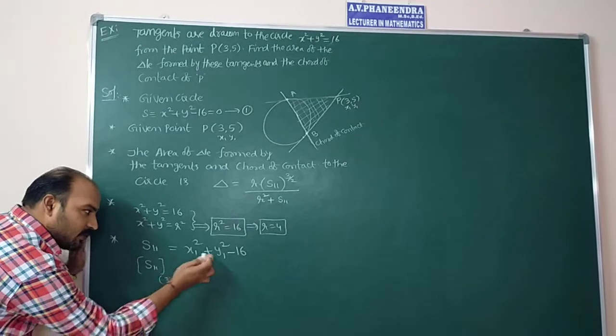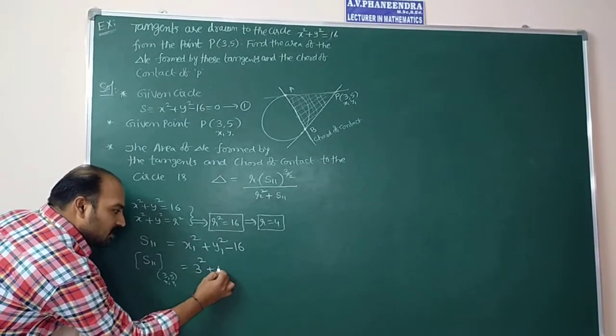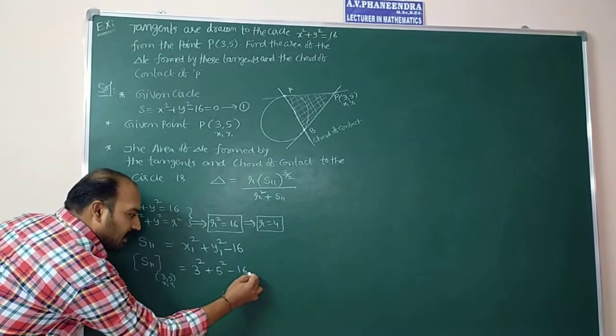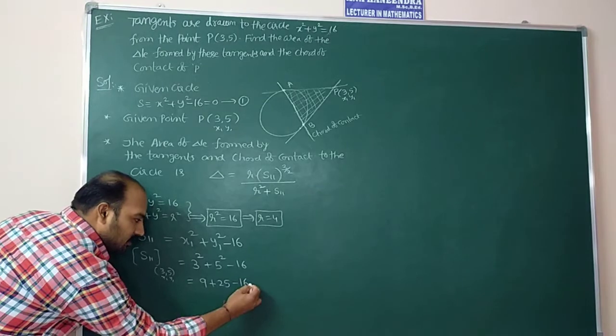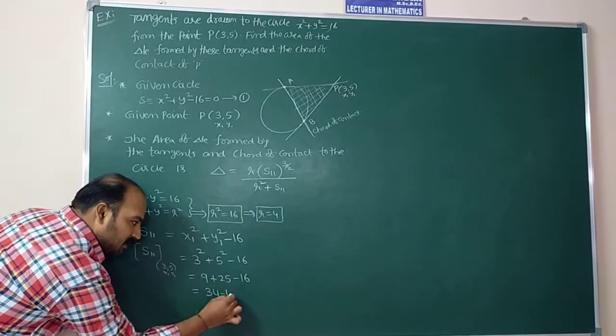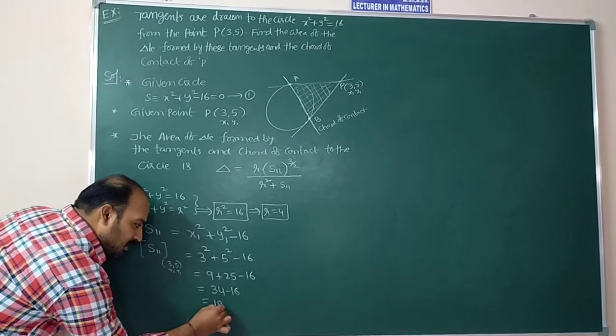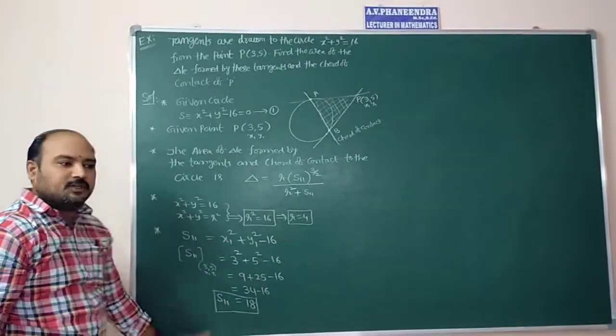That means wherever x1 y1 is there, you have to replace with 3 and 5. 3 square plus 5 square minus 16, which is equal to 9 plus 25 minus 16. 25 plus 9 is 34, minus 16, which is equal to 18. So now S11 value is 18.